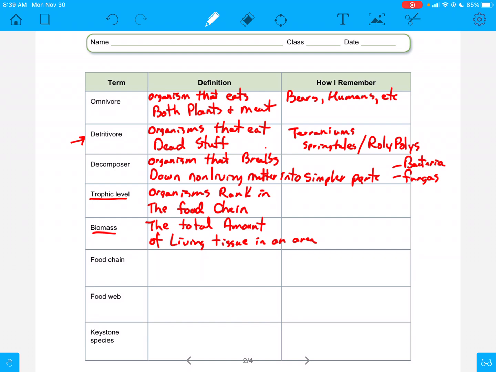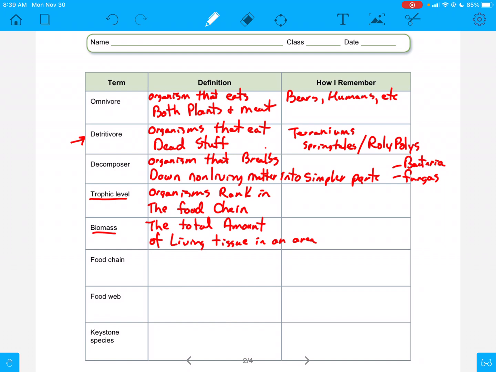Okay, so that would be its measure of biomass. Everything else is going to be abiotic stuff, right? The rocks and things like that, those are not living, and so they are not considered part of the weight of living things that's in a particular area.